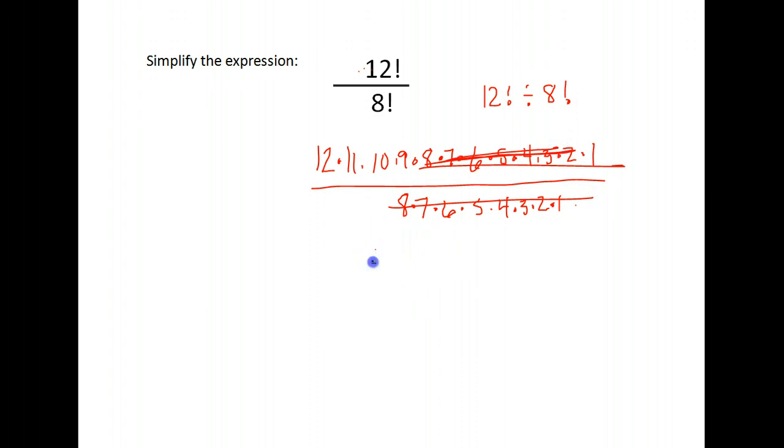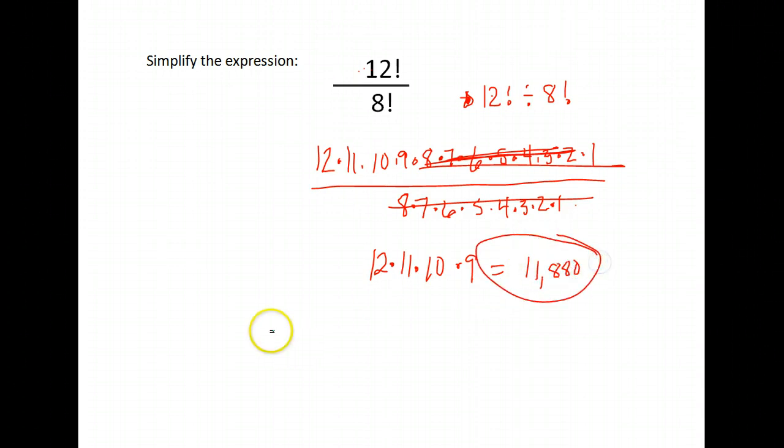So all I'm left with is my top of 12 times 11 times 10 times 9. Now if you were to plug it into your calculator like this, or if you were to simplify and do this multiplication, you will get exactly the same answer. But that's one technique for simplifying factorials that comes in very handy when you have a fraction that has a factorial in the top and in the bottom.